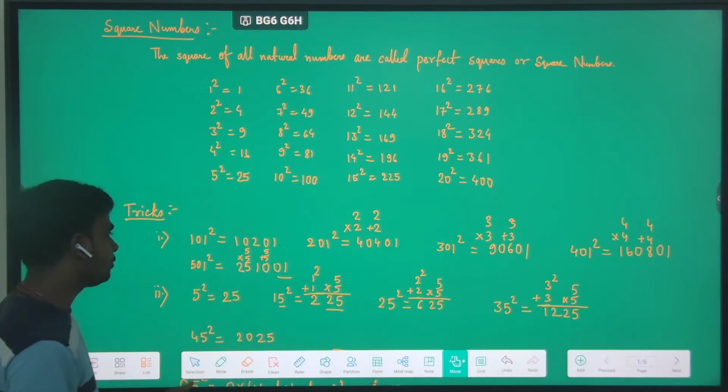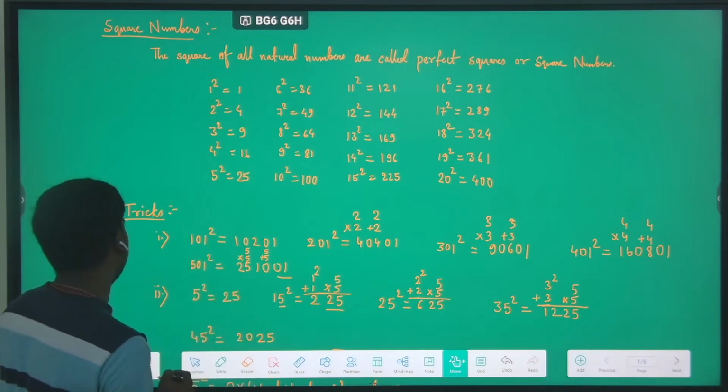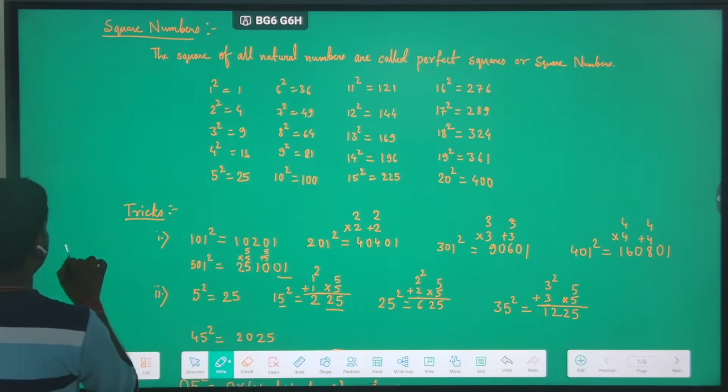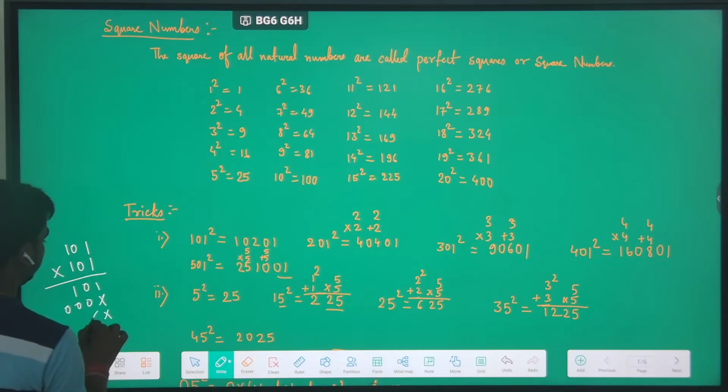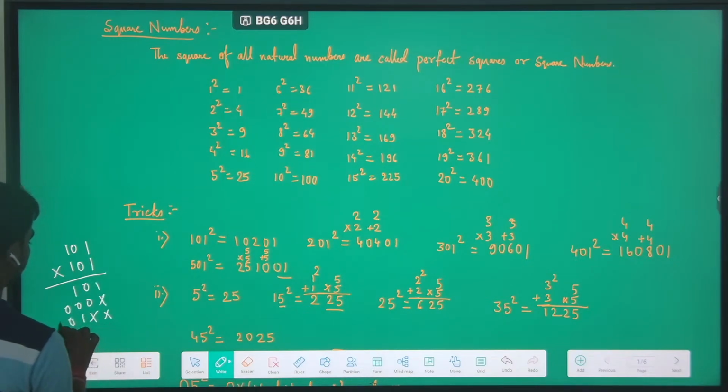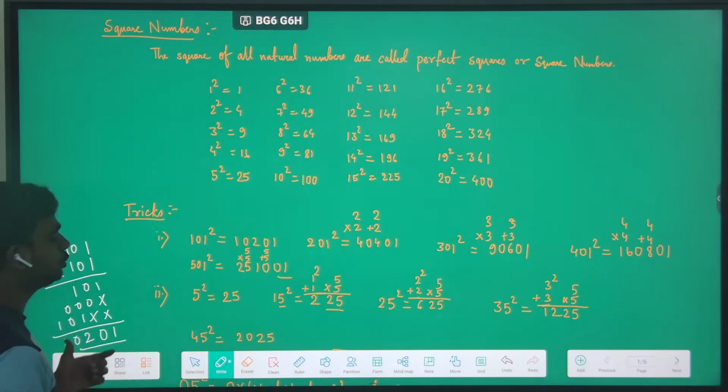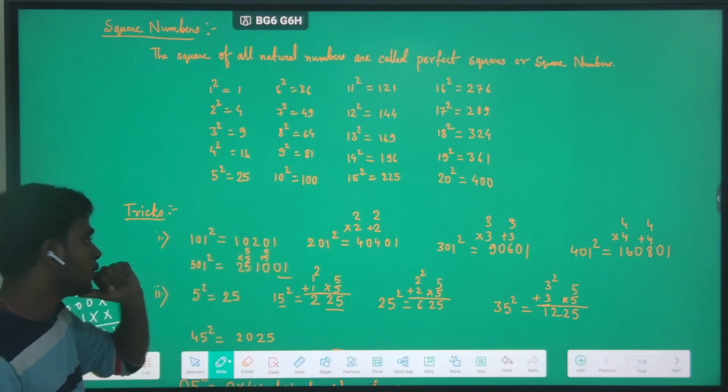First of all, what is 101 whole square? It is 10201. How does it come?